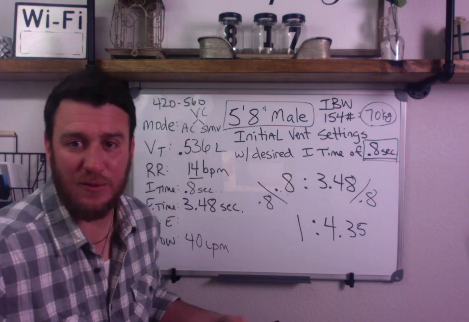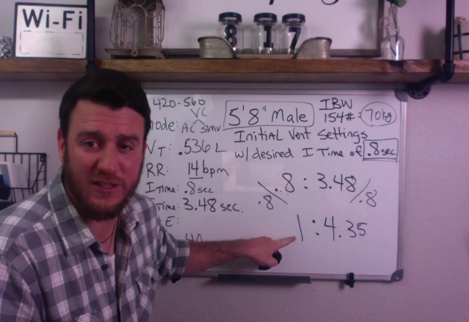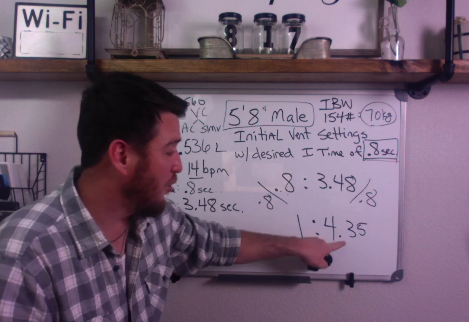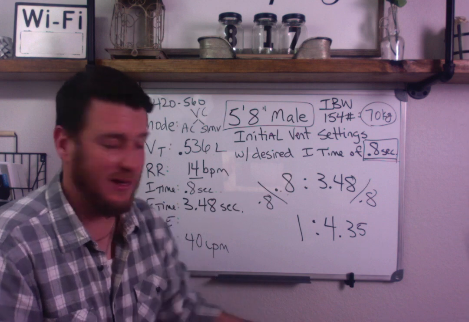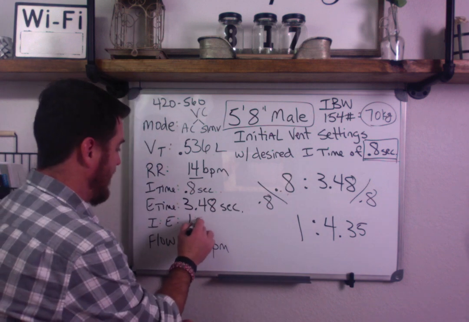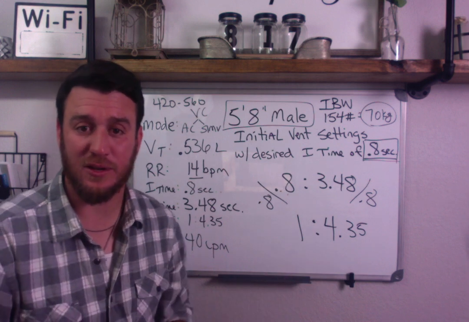And that's what our I to E ratio is. And what that says is for every 1 part of inspiration, you're spending 4.35 times in exhalation. And that's what it is. So your I to E is 1 to 4.35. And that's your answer, guys.